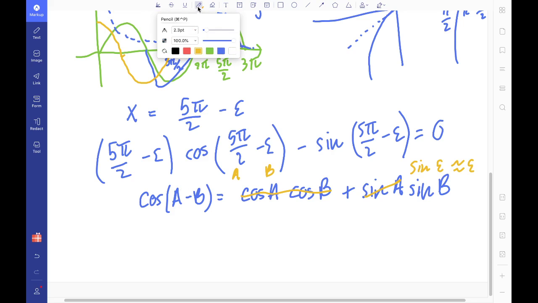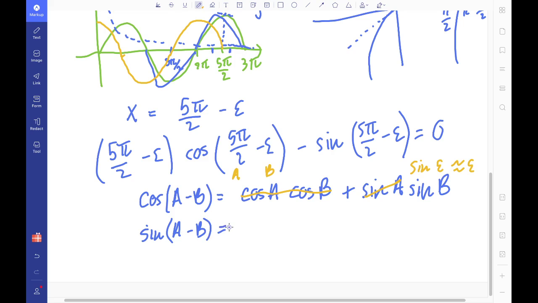Okay, so if I think about the other addition formula now for sine, I can use sine A minus B is going to be equal to sine 5 pi over 2, which I know now is 1, okay, multiplied by cosine epsilon, minus cosine of 5 pi over 2, and multiplied by sine of epsilon.